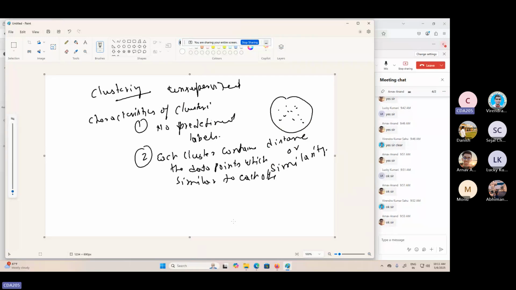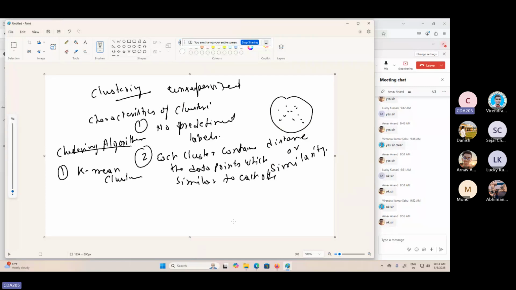What are the common clustering algorithms? Can anyone tell? First of all, that is k-means clustering. What do you mean by k-means clustering?